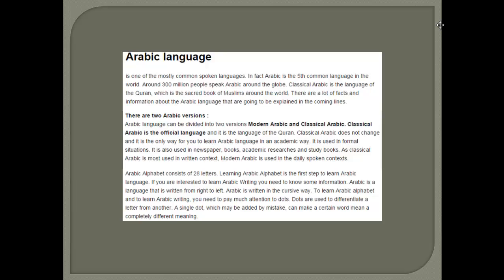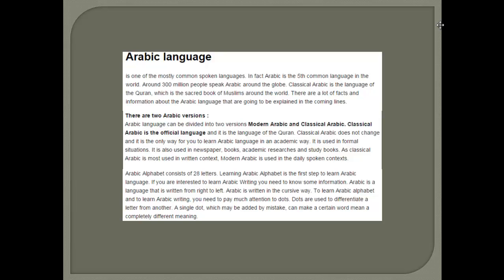There are 2 Arabic versions. Arabic language can be divided into 2 versions: modern Arabic and classical Arabic. Classical Arabic is the official language and it's the language of the Quran. Classical Arabic doesn't change, and it's the only way for you to learn Arabic language in an academic way.